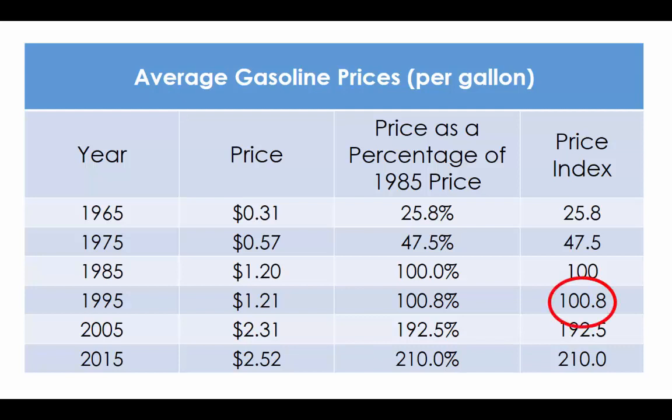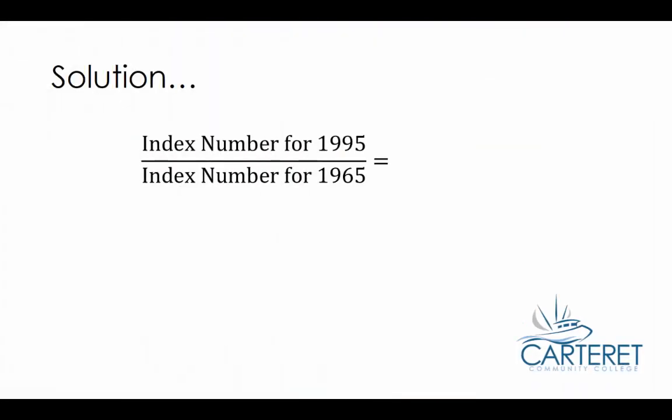We will not concern ourselves with calculating index numbers, but rather we should become comfortable reading tables such as this one. Make sure we can identify the price index or the index number for the given years. The reference here in this case is 1965, so that index number appears in the denominator.